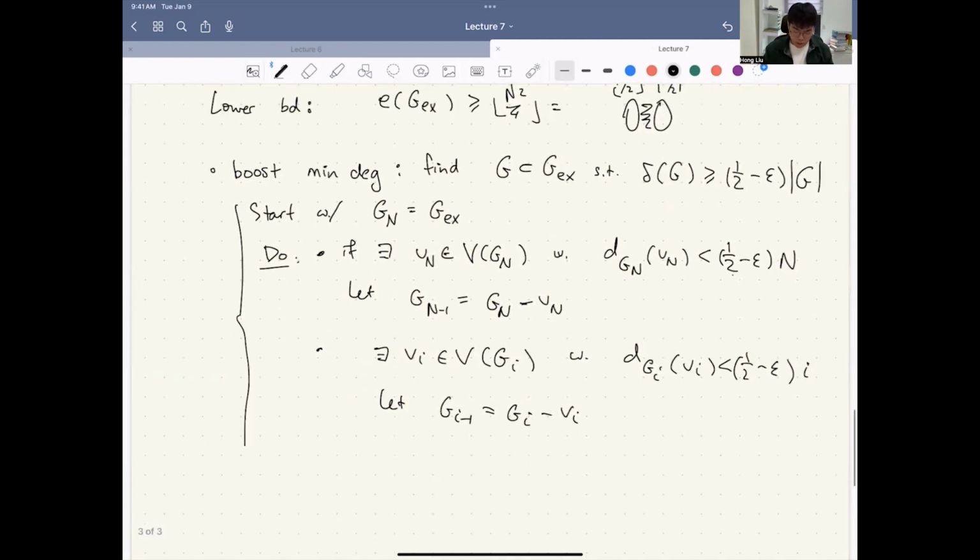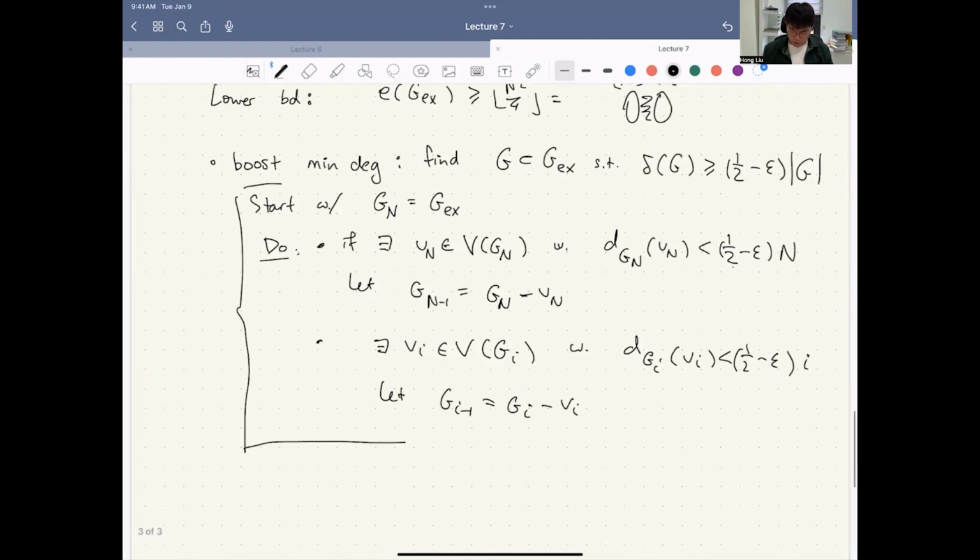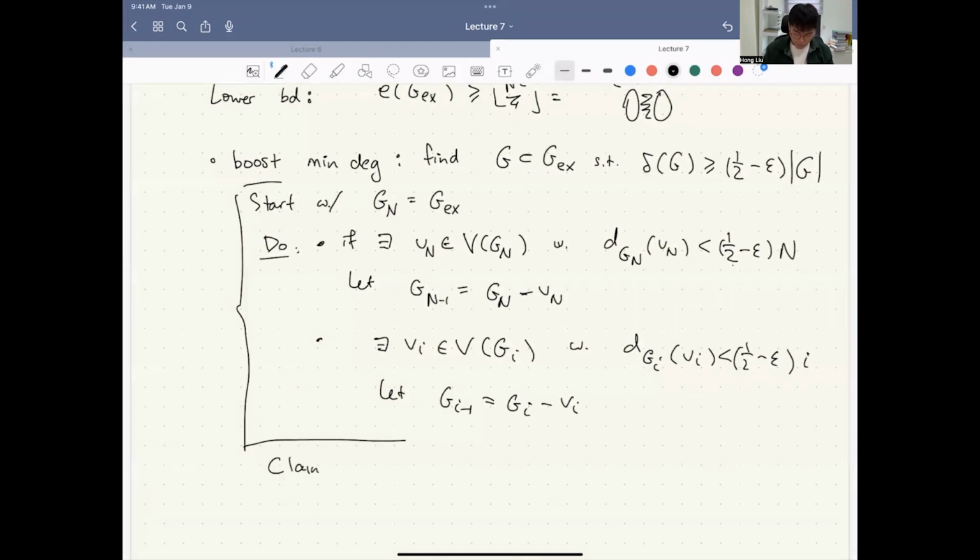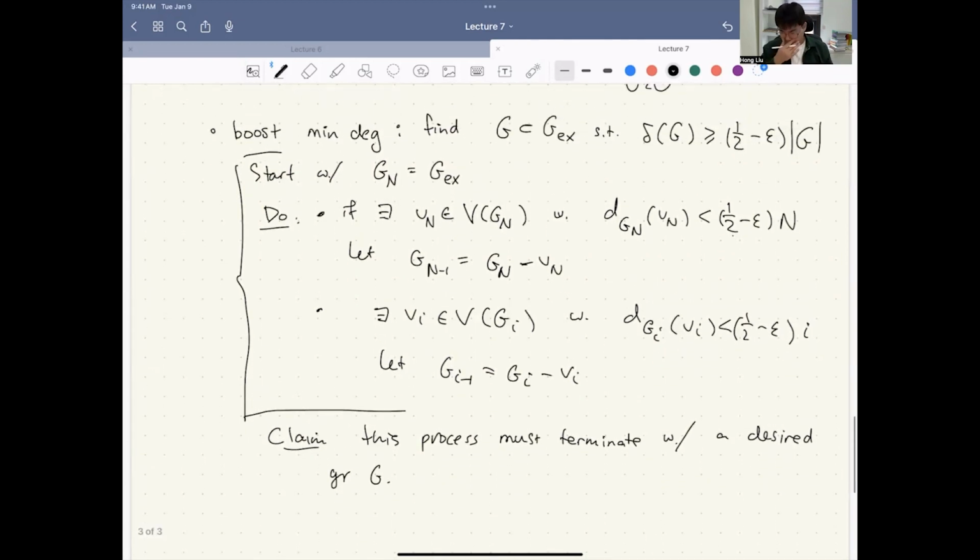We claim that this process must terminate at some step with the desired graph G. So why is that true?